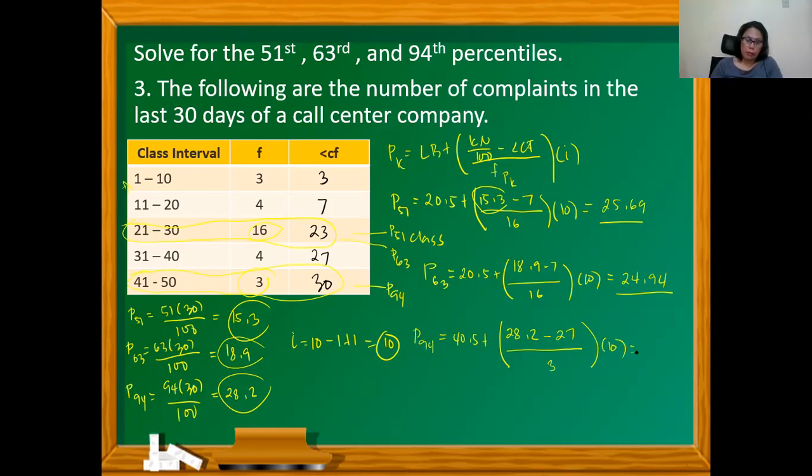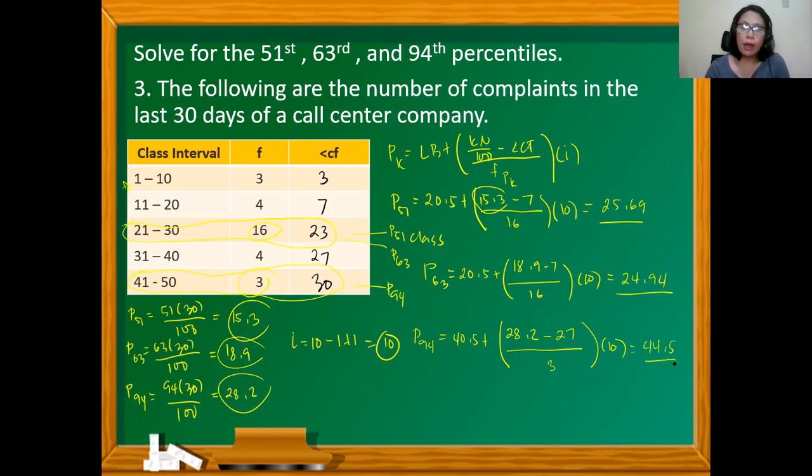So we have 28.2 less 27 all over 3 and then times 10 here. So we have 44.5.